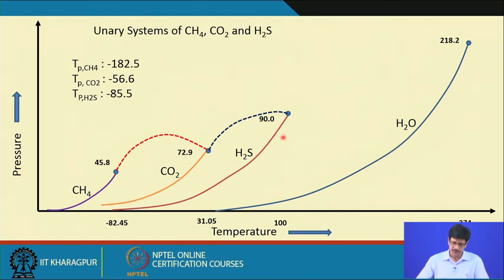So, the significance of this diagram is that if the carbon dioxide is mixed with methane, then there is depression in its temperature of homogenization or the critical homogenization, whatever the case may be.